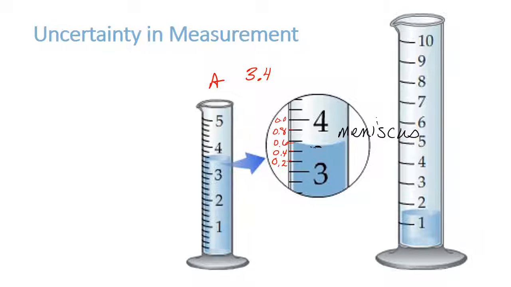So if I were to trace this meniscus out in a straight line, well, it kind of looks like this would be 3.49. One of the reasons I like this is it tells the reader that my measuring device measures accurately beyond the decimal point.